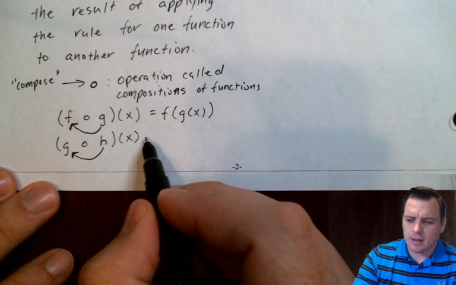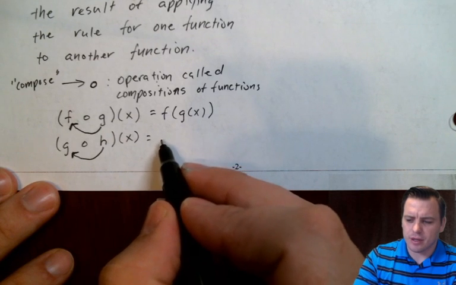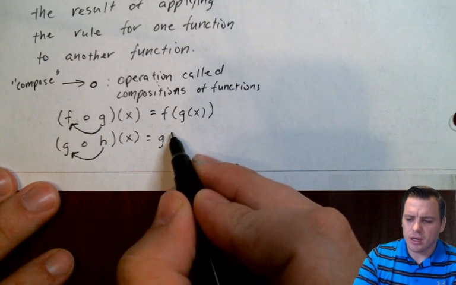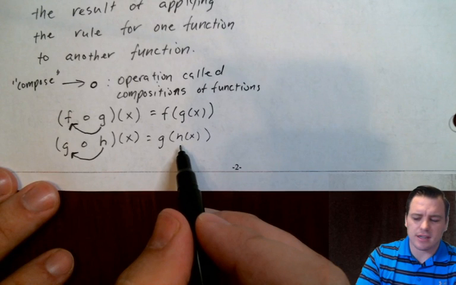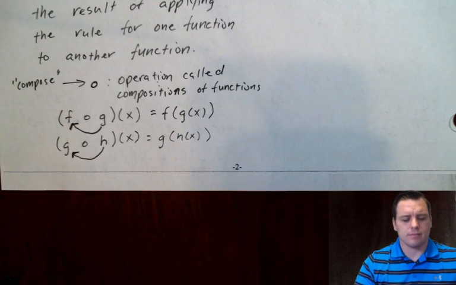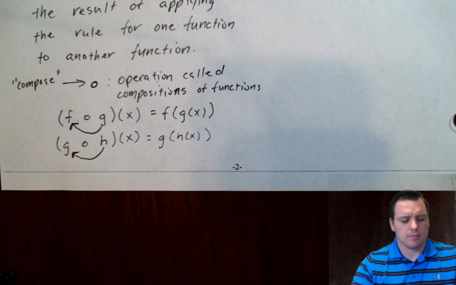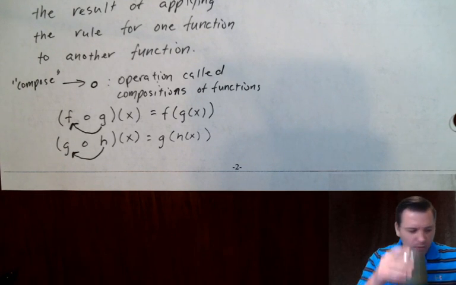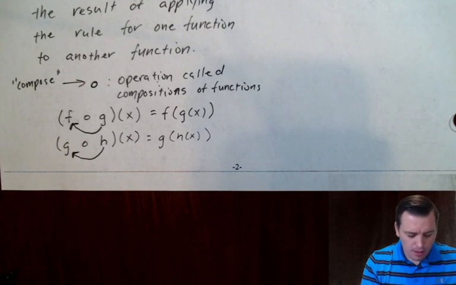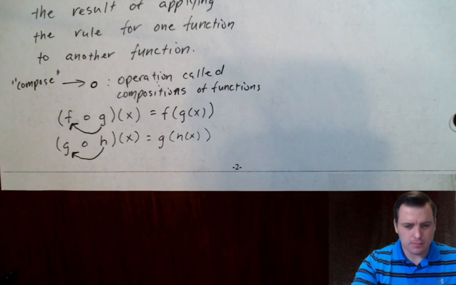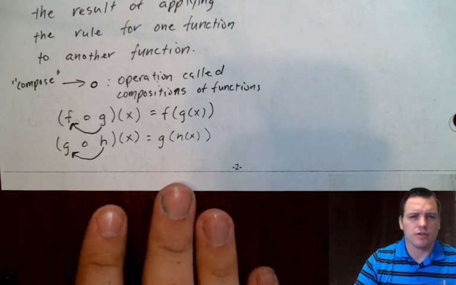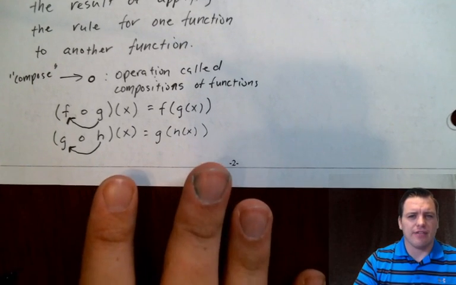And that would be simply g of h of x. So we're putting h of x into g, and putting g of x into f.